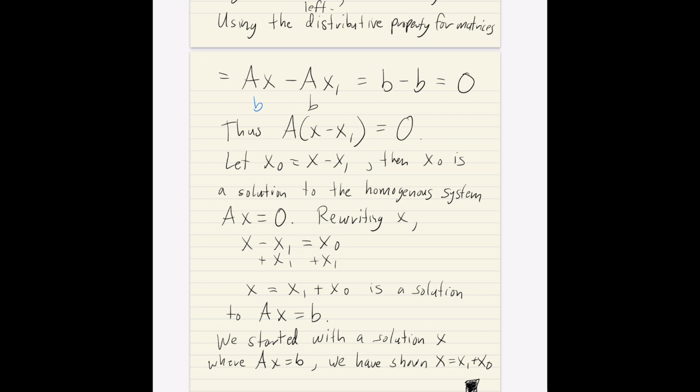And we'll get into part 2. Okay, for part 2, it sounds very similar to part 1. We actually have the same exact hypothesis. So for part 2, the hypothesis is that AX equals B is consistent. It has at least one solution.